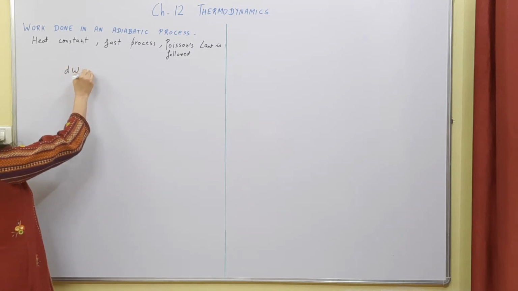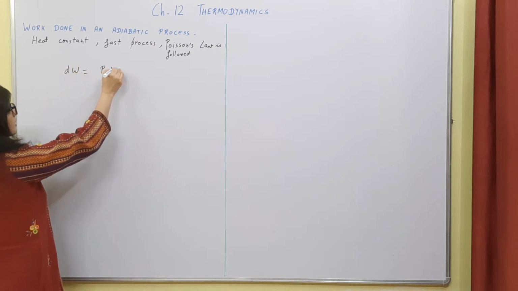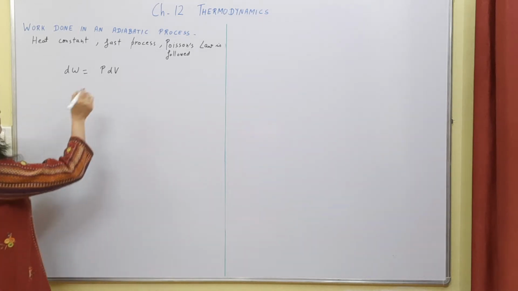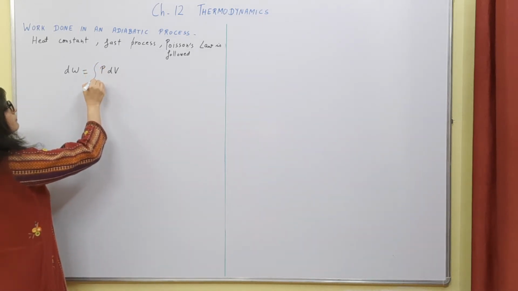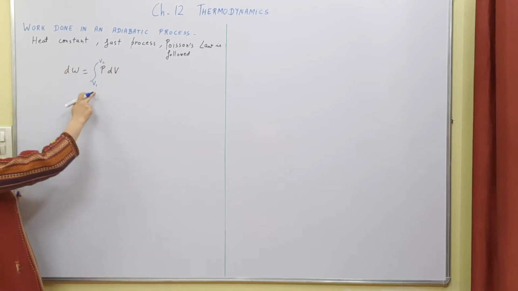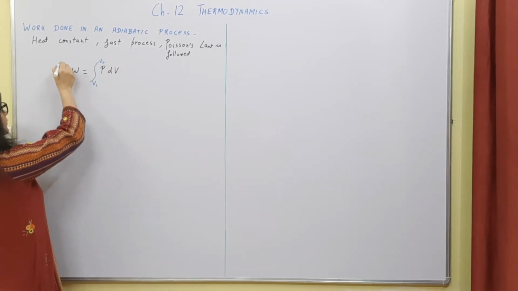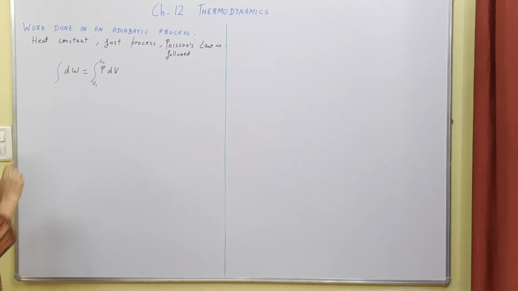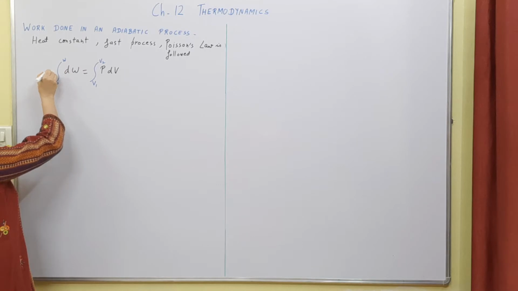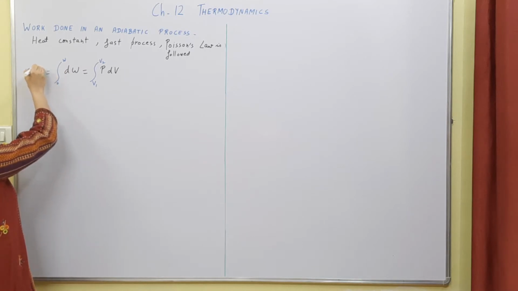This is dW equal to PdV, and if we are expanding the gas, then V1 is the initial value of the volume and the final volume is V2, and this will be integrated to get the total work done.